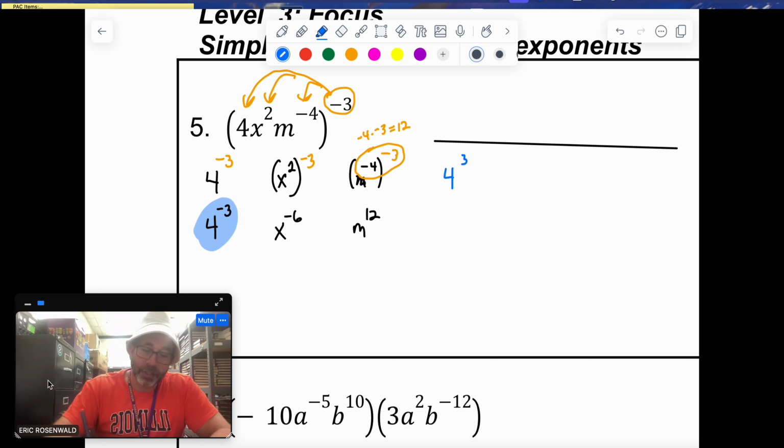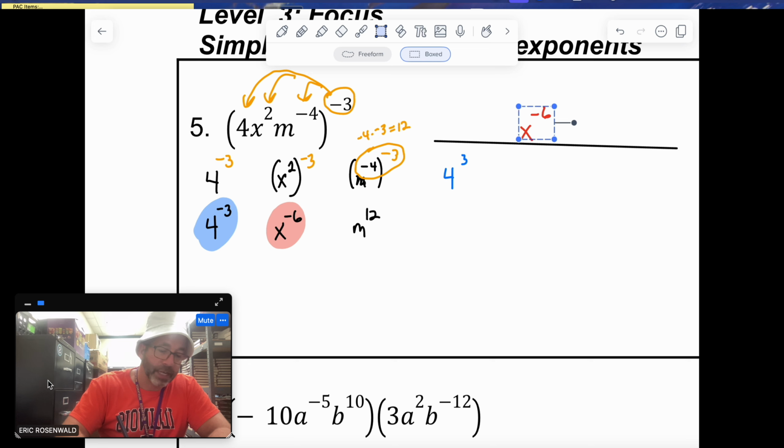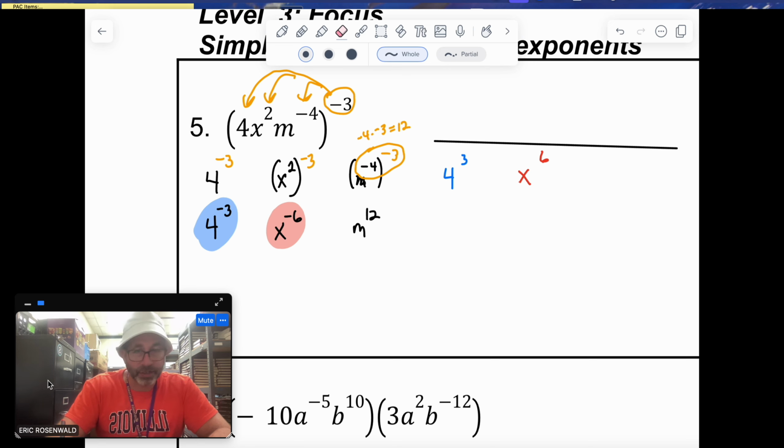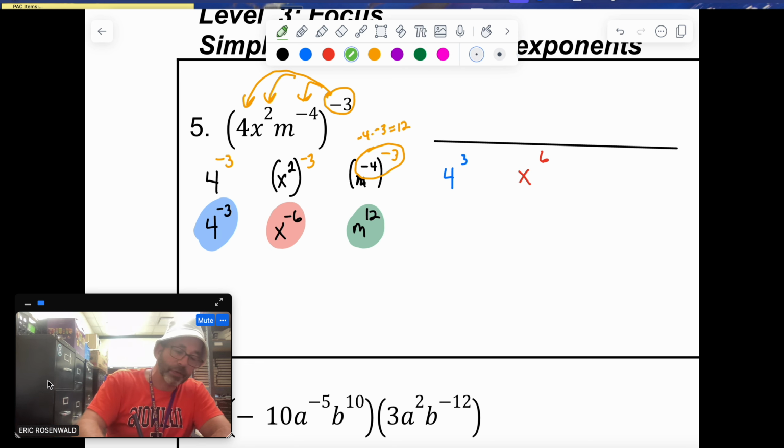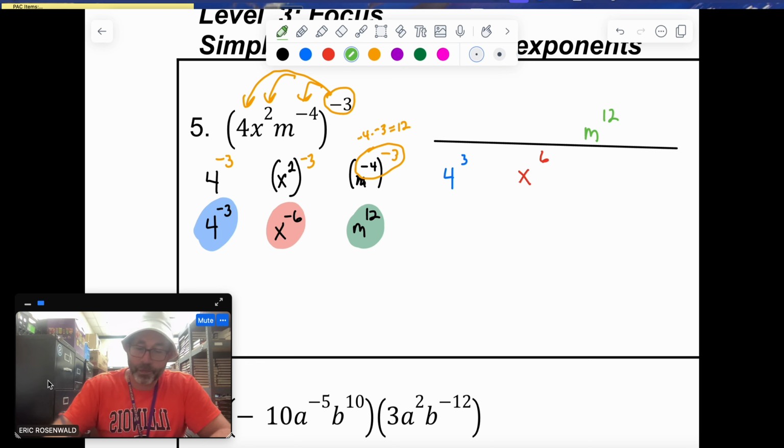The x to the negative 6 right here is going to be a negative exponent, not happy, so that's going to move. And because of this, it's going to turn into a positive down on the bottom there. And then the last one here, the m to the 12th, because it's a positive exponent, it will not move.